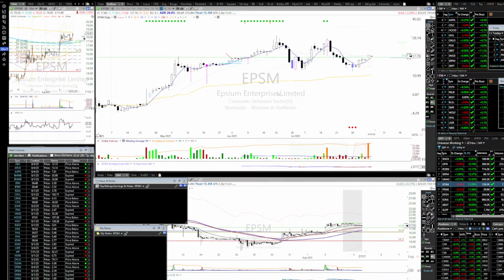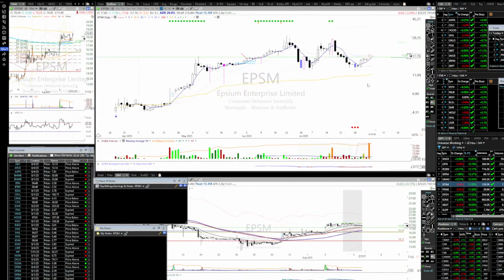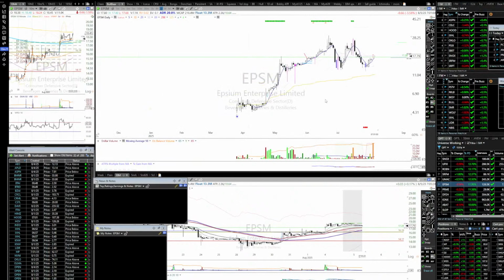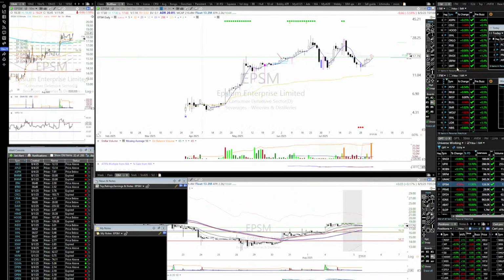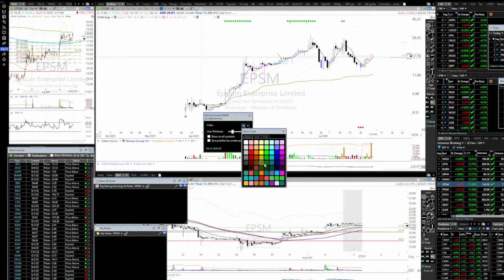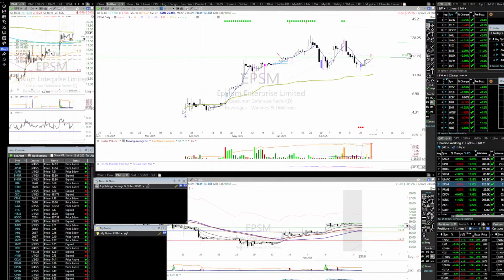This one pulled back pretty far. It's a double bottom. It's an IPO, so I'm gonna mark that with the green color. And we also have the VWAP from here, so they're gonna be a mixed color.